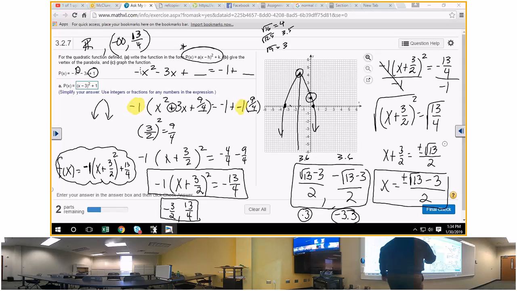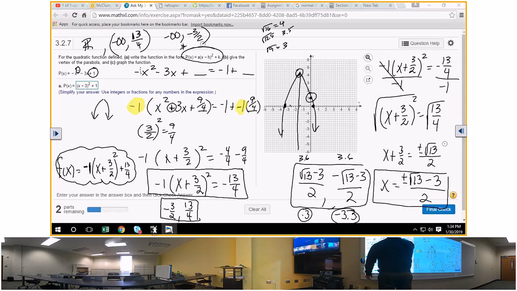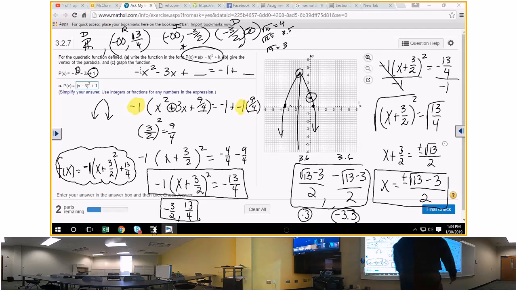You're increasing from negative infinity to negative 3/2. And then decreasing from negative 3/2 to positive infinity. So that's your domain, that's your range, that's your increasing values, and that's your decreasing values.